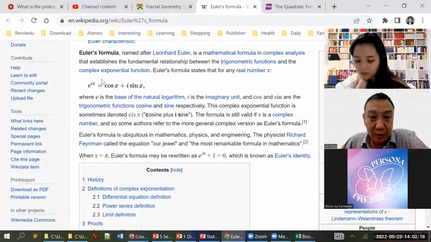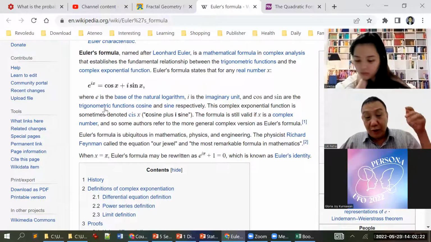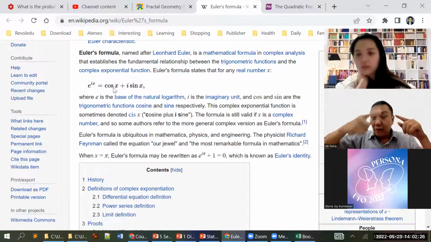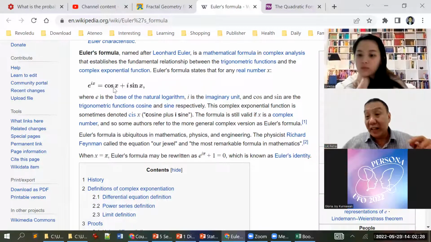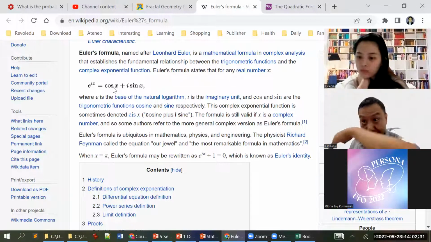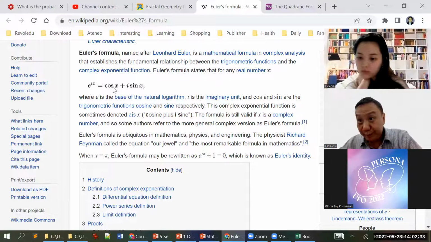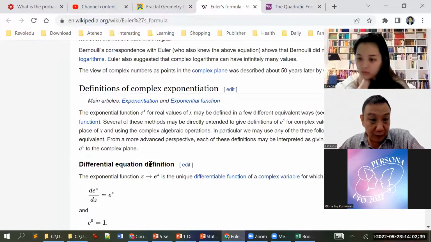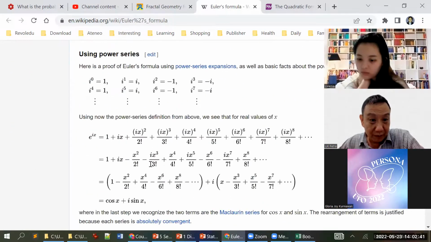So what does it mean? It means when you see a complex number like this, the behavior will be oscillation, up and down, right? You can check on Wikipedia by yourself.